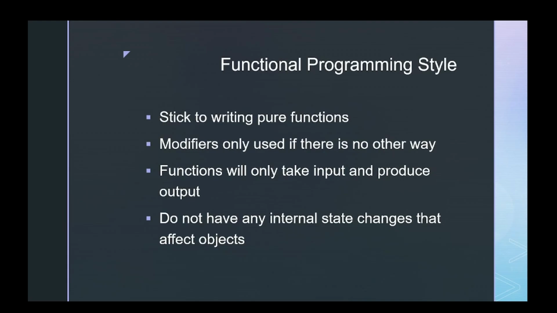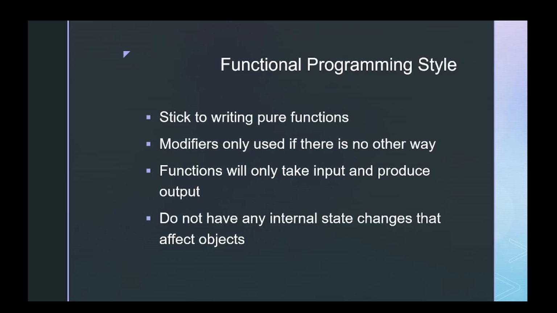We are going to stick with the functional programming style. So we are going to stick with writing pure functions. We don't want our functions to modify objects in any way, shape, or form. The only time we're going to modify is if there is absolutely no other way to accomplish the same thing. So our functions from here on out are only going to take input and produce output.